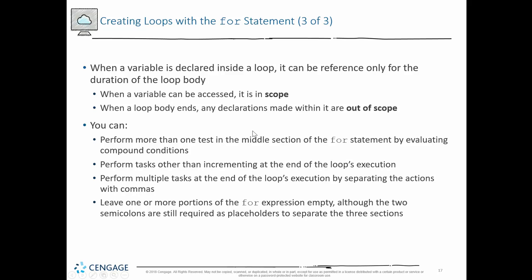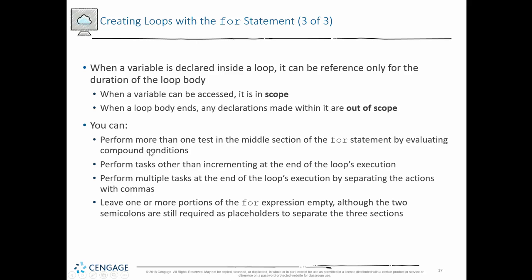When a variable is declared inside of a loop, it can be referenced only inside of that loop body. That's its scope. So when the loop body ends, anything that you declared in the loop body block is considered out of scope.